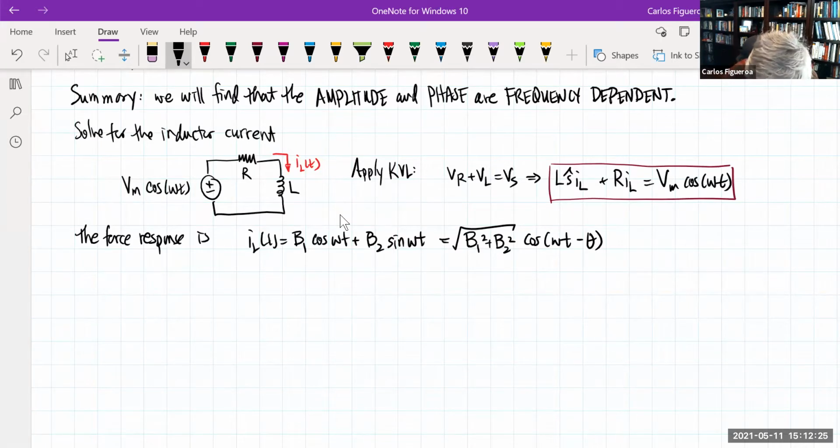So what we want to do here is to try to convert that. What I'm going to have to do here is determine the constants B1 and B2.